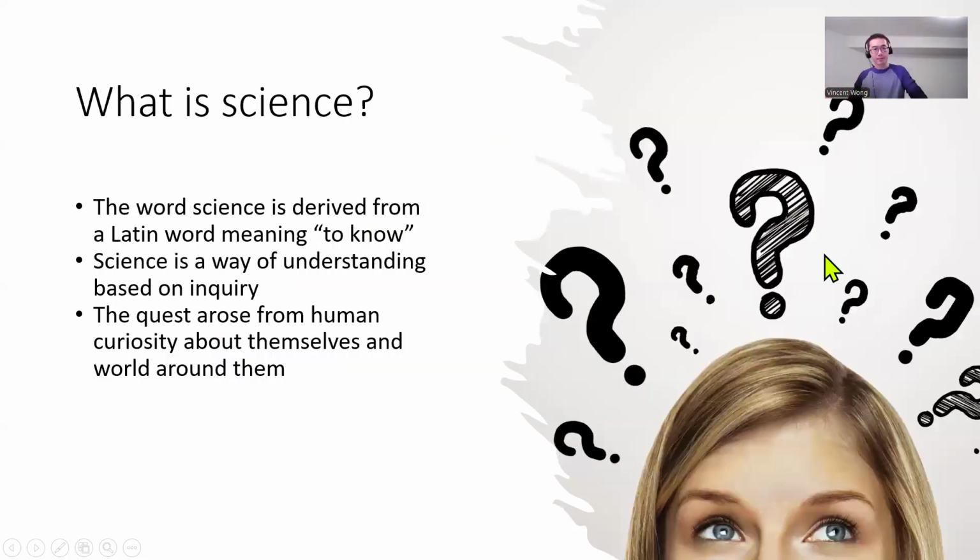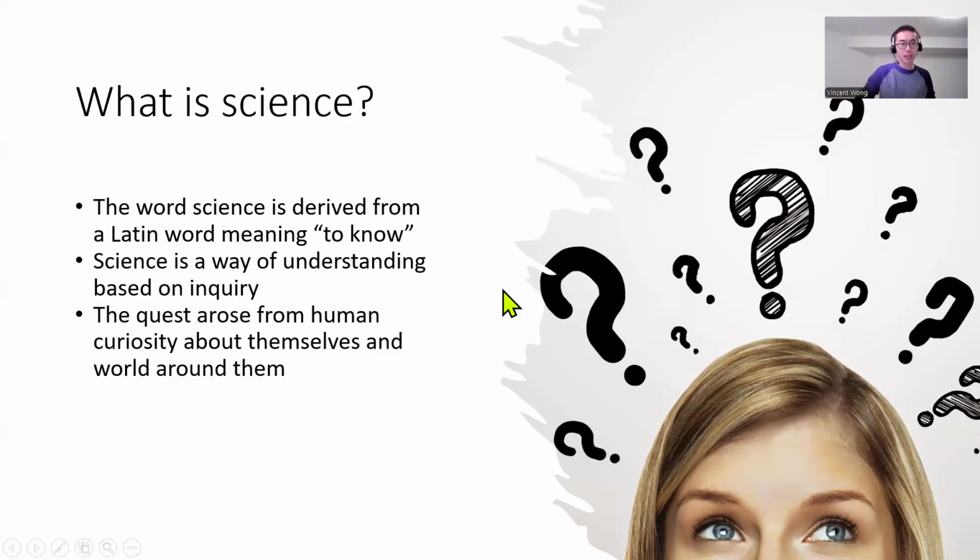So, what is science? Well, the word science is derived from Latin, which is the language in which a lot of science was originally done. And the root word associated with science in Latin means to know. So, science is a way of understanding what's going on around us by asking questions, based on inquiry.